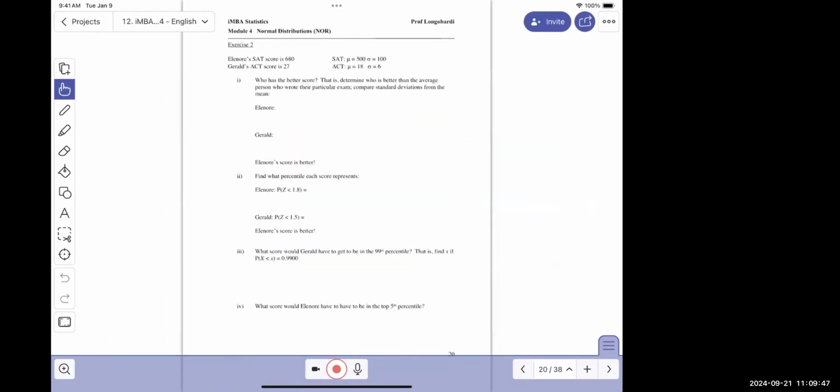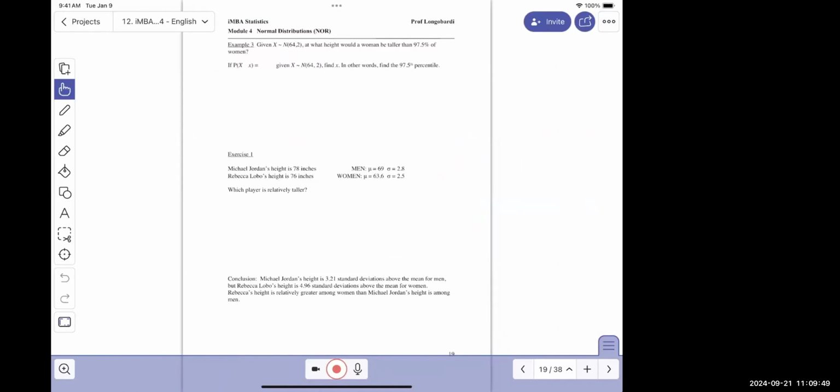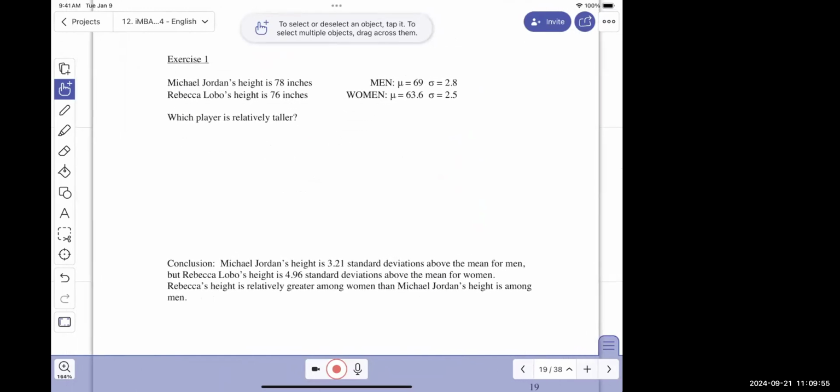Okay, here is an example. We have time to do this. So Michael Jordan's height is 78 inches. Men in general have a mean of 69 and a standard deviation of 2.8.